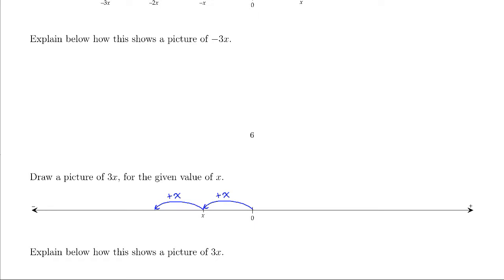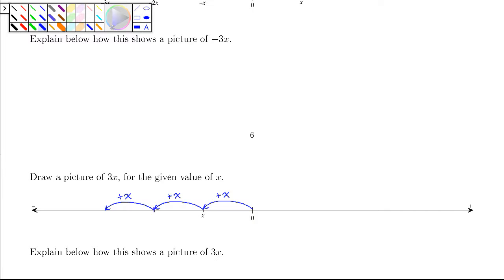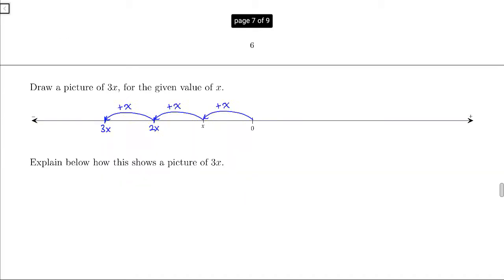It's exactly the same length there. And I'm going to take one more copy of that. So there are 3 copies of x. This is 2 x's, and then this would be 3 x's. 1 copy of x, 2 copies of x, 3 copies of x.